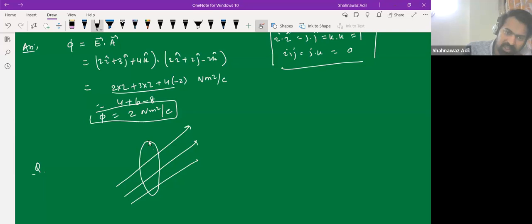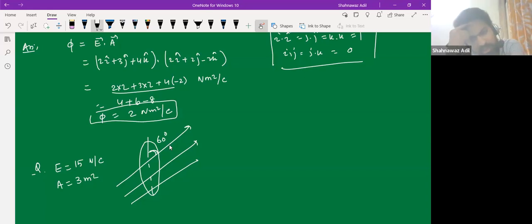So this angle is 60 degrees. The magnitude of the electric field is given, let's say 15 Newton per coulomb, and the magnitude of the area is also given, 3 meter square, and this theta is given.